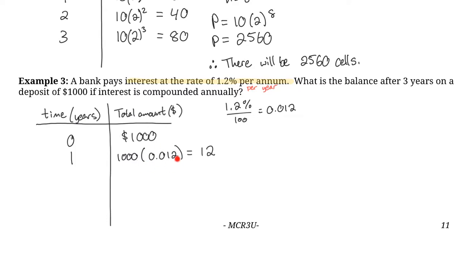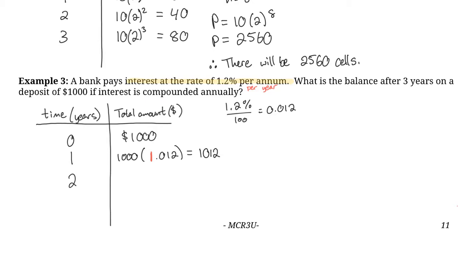So we need to change something here. If we take our first 0 and we change that into a 1, and we multiply it by 1.012, we're multiplying by the 100% of 1,000 plus this 1.2% of the 1,000. So that means this is going to change our amount from $12 to $1,012.